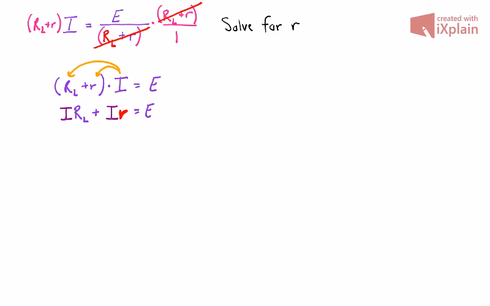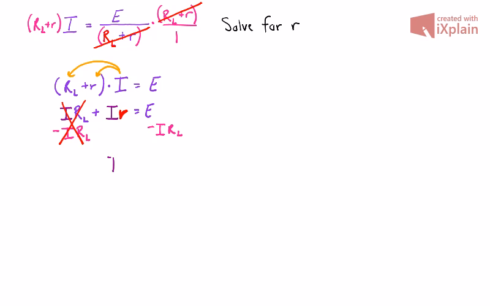Okay, so what I'm going to go ahead and do now is subtract capital I times capital R sub L from both sides, and that is going to allow me to clear it on the left-hand side.